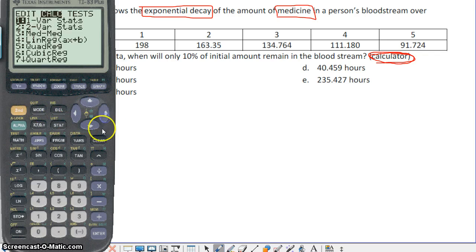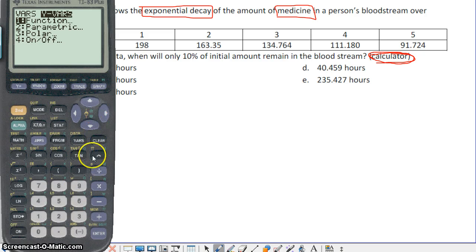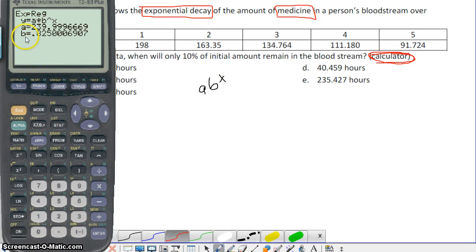Stat, calc, and go down to exponential regression, and then I'm going to store that into vars, yvars function y1. It's going to give me a bunch of stuff there. Notice it's in the form ab to the x, and they give you a as 239.99999 and then 0.825 as my decay.